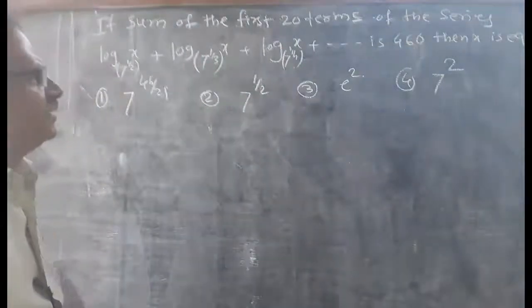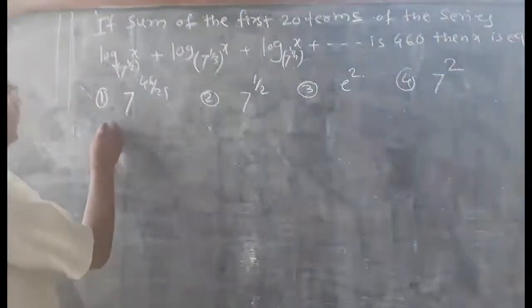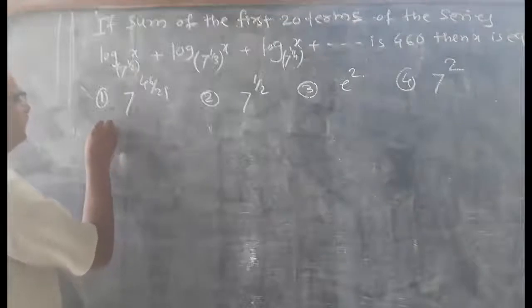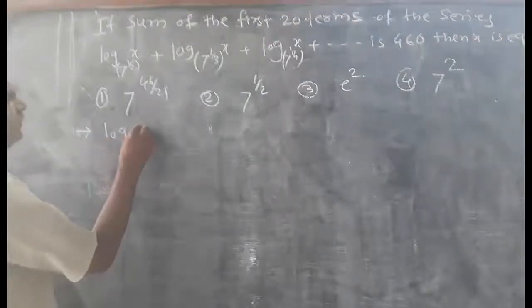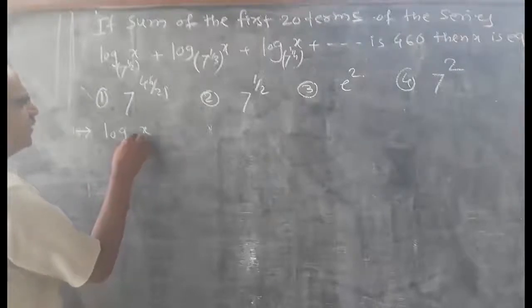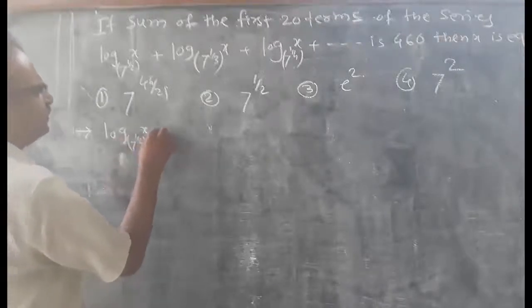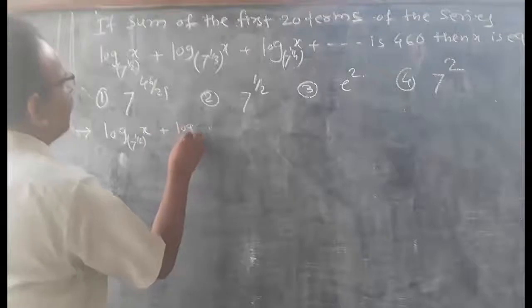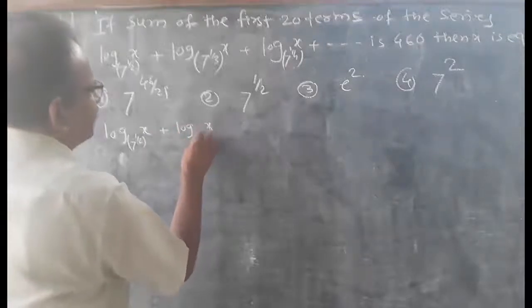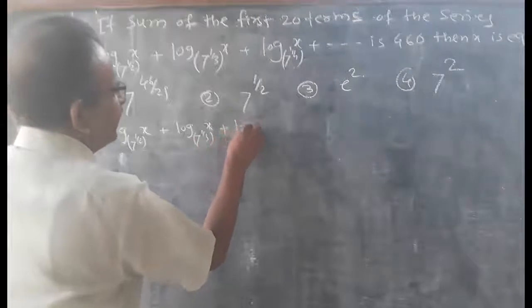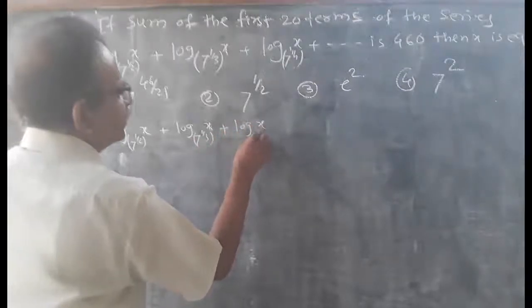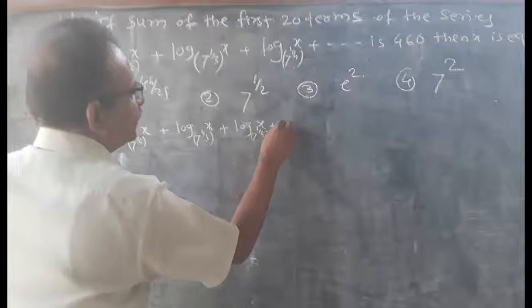Now the given series is log of x to the base 7 raised to 1 by 2 plus log of x to the base 7 raised to 1 by 3 plus log of x to the base 7 raised to 1 by 4 plus so on.